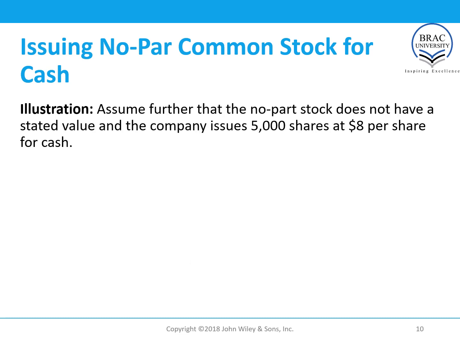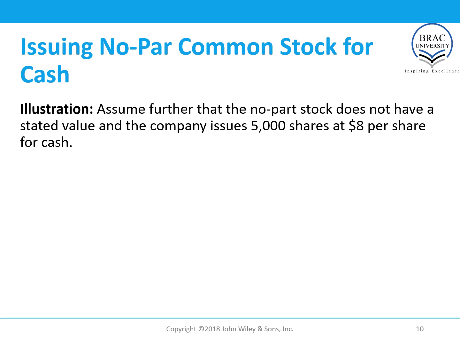So what happens when no par stock does not have a stated value? In that case, the corporation credits the entire proceeds to the common stock. So now let us assume another example. Assume further that no par stock does not have a stated value and the company issues 5,000 shares at $8 per share for cash.